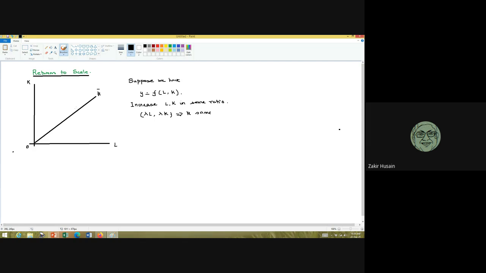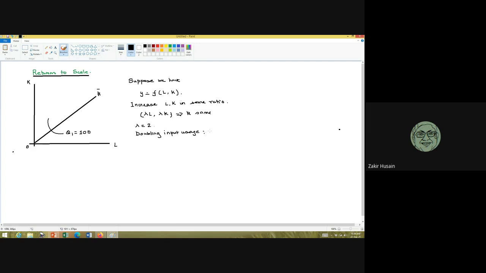So we are moving up like this. Now obviously, we are going to have some isoquants over here. Let us say this is Q1 is equal to 100. Now, let us say that lambda is equal to 2. So we are basically doubling the use of inputs.